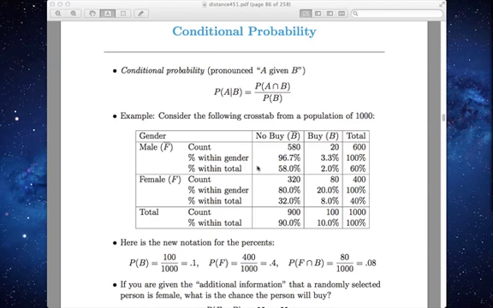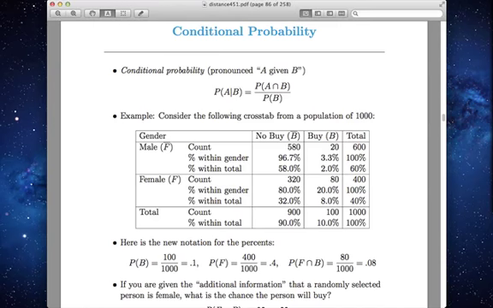We could ask, for example, within the total, so the total refers to all 1,000, what percentage of people are male buyers? The answer would be 2%. So let me go over that one more time. We could say 2% of everyone in the population is male and a buyer. That number comes from taking 20, dividing by 1,000.